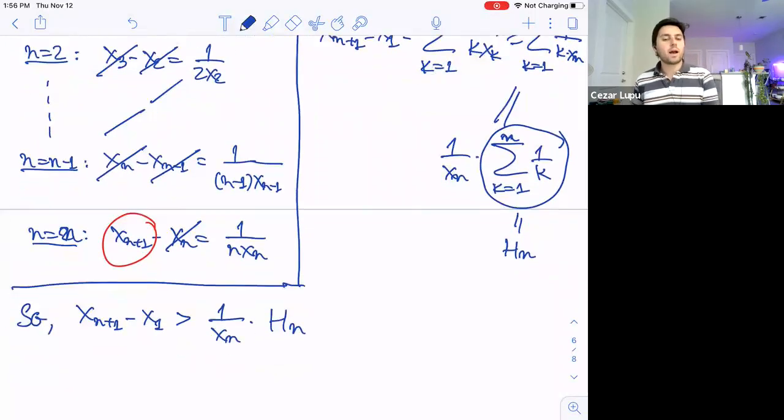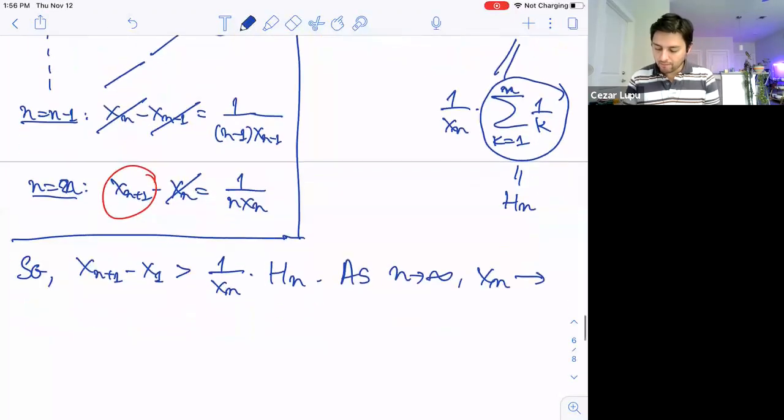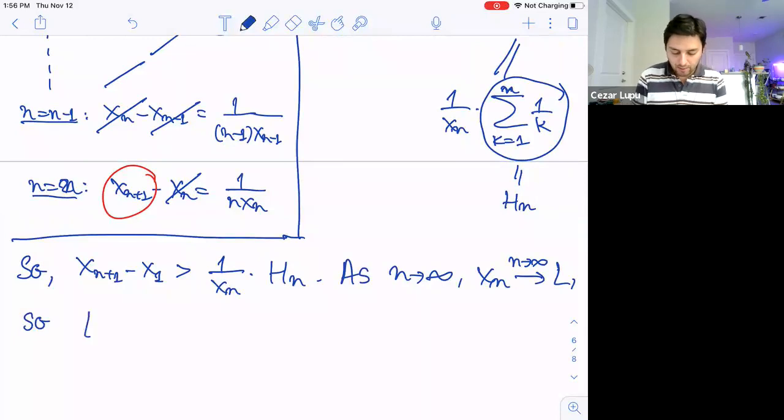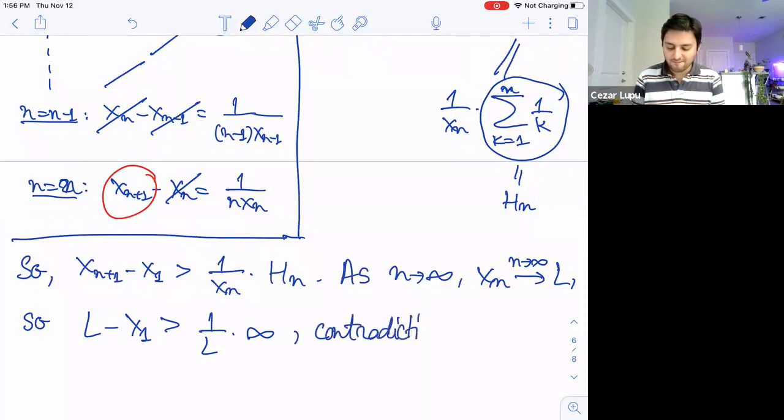Well, we assumed by contradiction that as n approaches infinity, xn will approach L. So it follows that L minus x1 is greater than 1 over L times infinity. Contradiction, right?